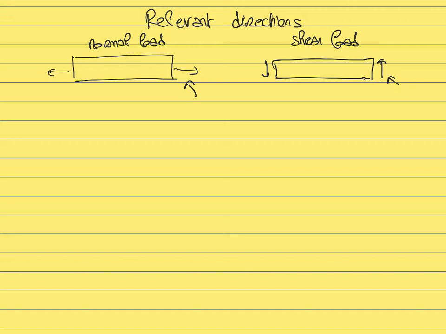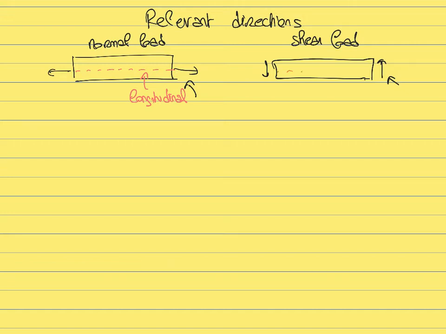So the first thing is this direction here, which is the direction of the length of the beam, which is also, in the case of a normal load, the direction over which the load is applied. So in this case, this is the longitudinal direction. This is the direction over which you have the longitudinal length of the beam.